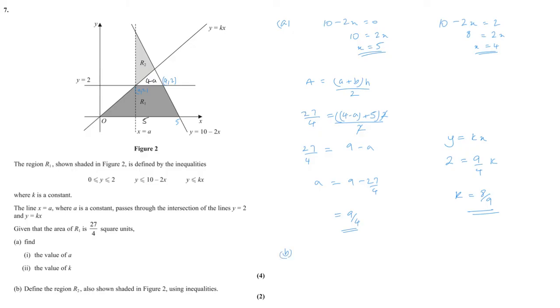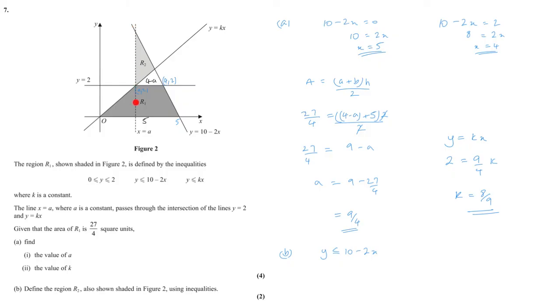Now, part B is define the region R2. So it's below this line. So y is less than or equal to 10 minus 2x.